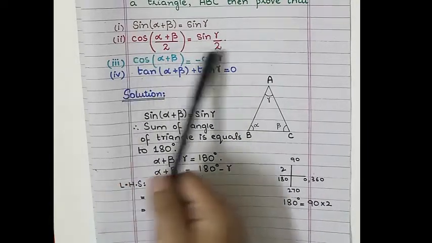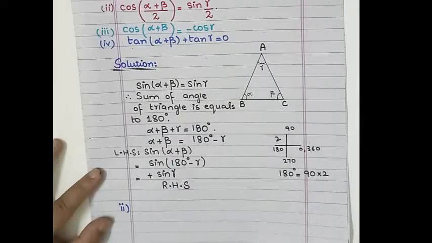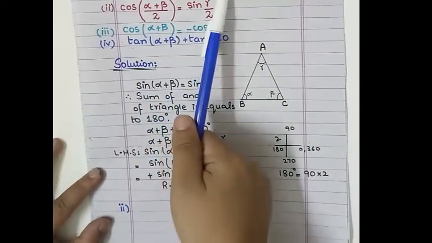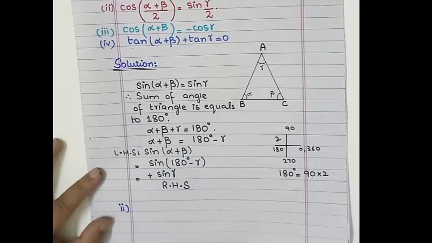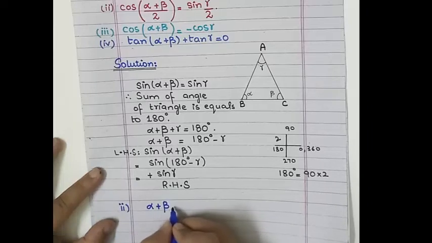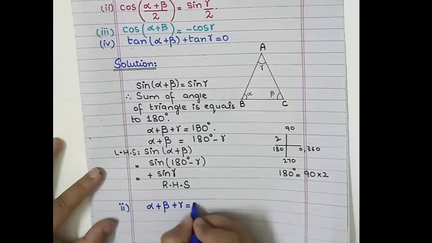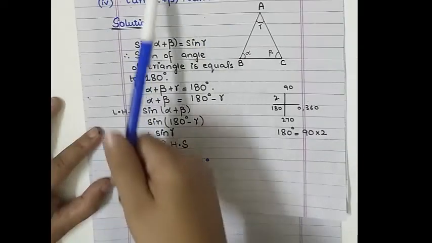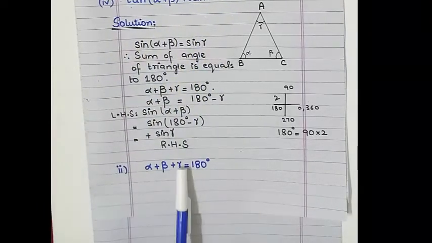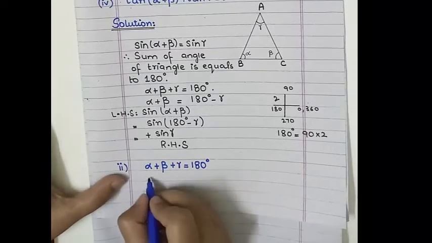Now we will do the second one. We have cos of (alpha plus beta) over 2 is equal to sine of gamma over 2. So again we will use the same concept that the sum of angles of a triangle is equal to 180 degrees. Again in this case we have alpha plus beta on one side of equality and gamma on the other side.